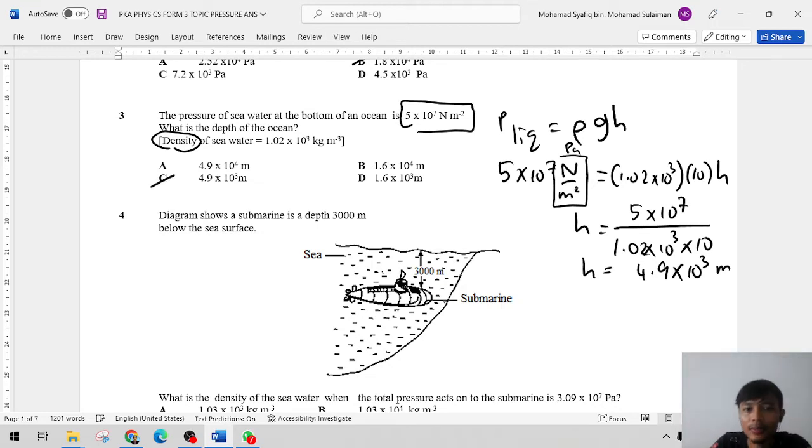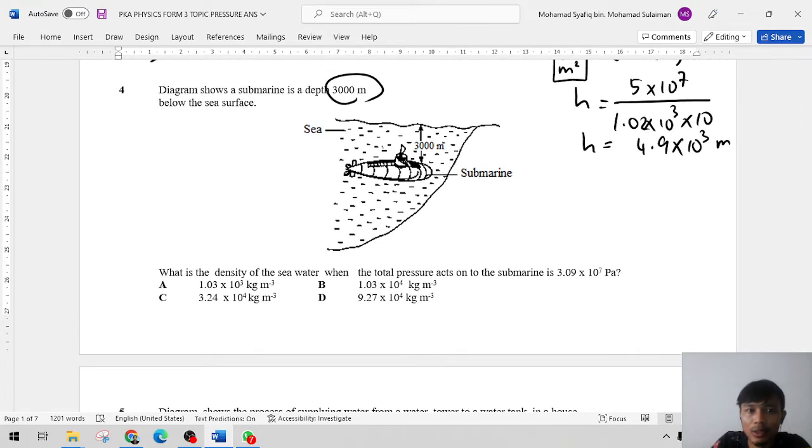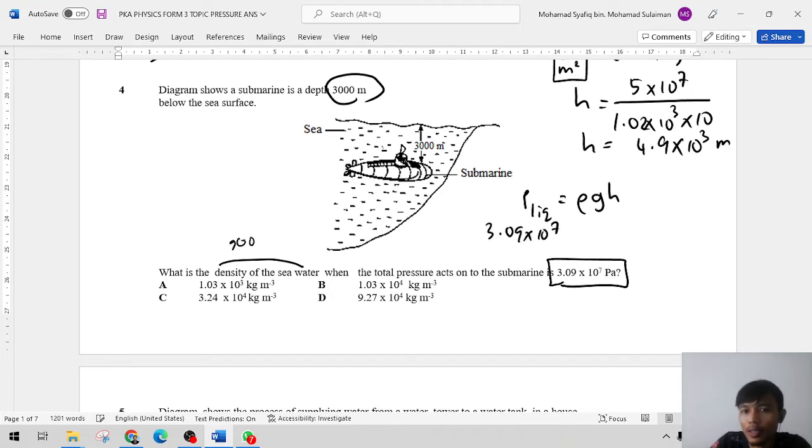So we got C. Number 4, we have a submarine, 3000 meter depth, so 3 kilometers, and we have density. We want to calculate density of seawater. So just now it should be around 900. So let's see. And we have the pressure. So again, same equation, pressure in liquid. So the equation actually repeats so that you can remember the equation. 3.09 times 10 to the power of 7.